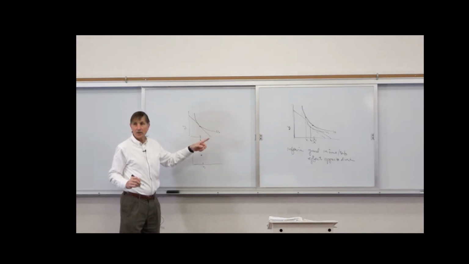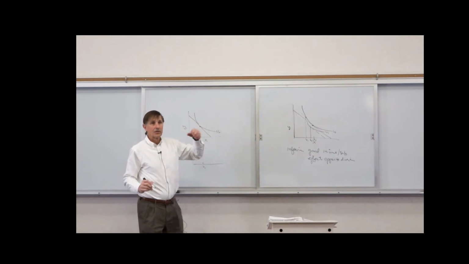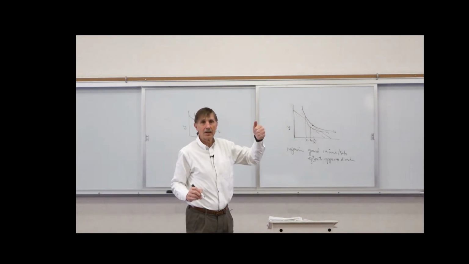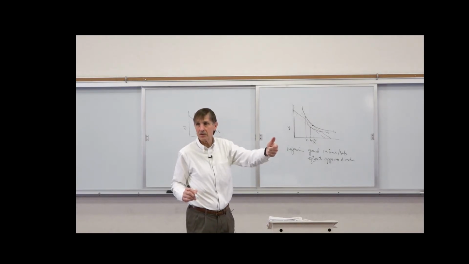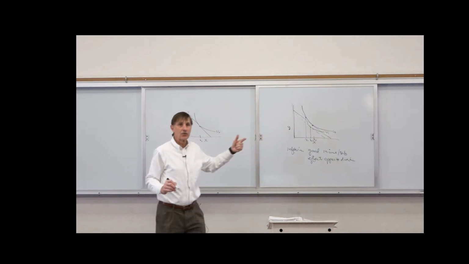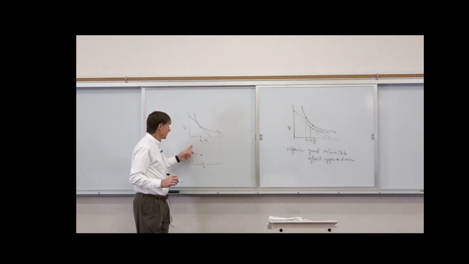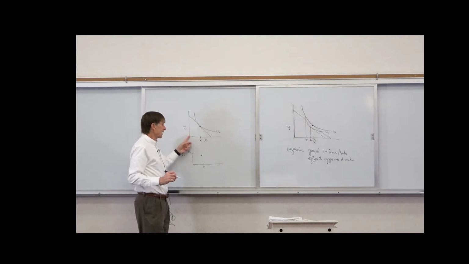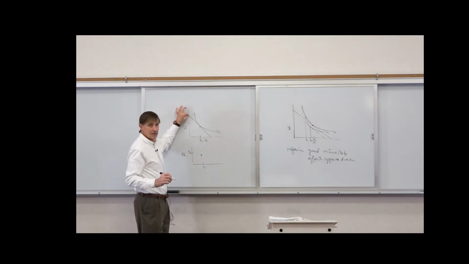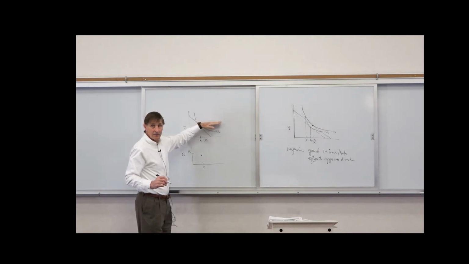Because when you draw a demand curve, what do you assume? You assume that income stays the same, and you assume that the price of other goods stays the same. So if you drew a demand curve, you'd be saying, okay, income stays the same, the price of y stays the same, so this axis stays fixed here, and then you're rotating this thing back and forth as you change the price of x.